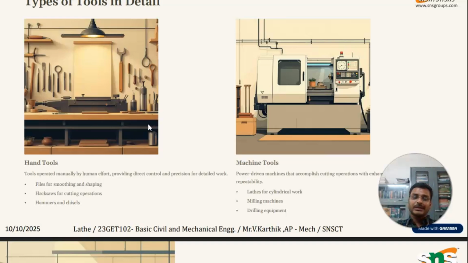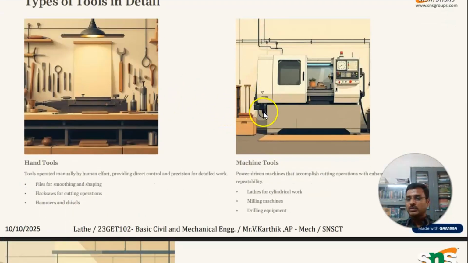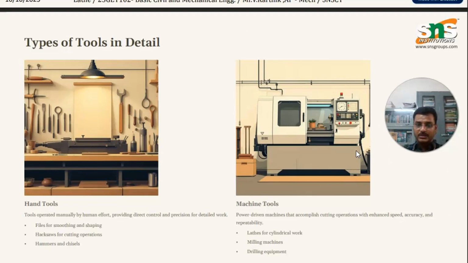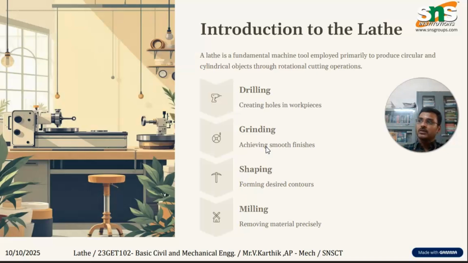This is a traditional technique that we still use, but now they're using machine tools like lathe for cylindrical works, and then milling operations, and then drilling equipment. These are some of the machine tools which have been used in the CAM machines, computer aided manufacturing machines, with the help of the CNC tool. Now we're going to see the introduction to the lathe.